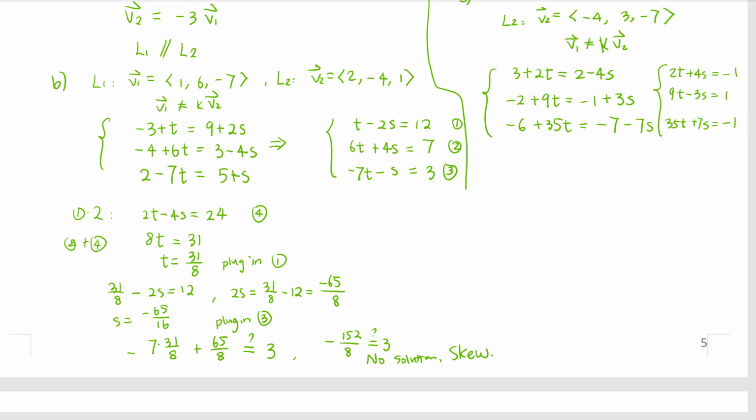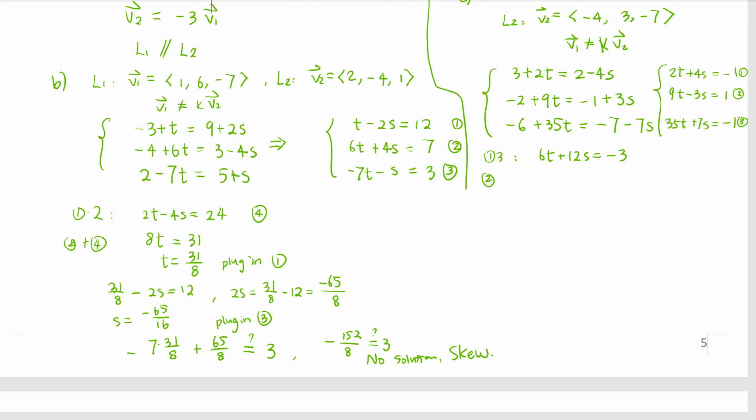Okay. What do we do? Well, the coefficients on s are easier. We call these equation 1, equation 2, equation 3. Let's use equation 1 and equation 2 to solve for s and t. Equation 1 we multiply by 3, because the least common multiple is 12 for the coefficient of s. So we have 6t plus 12s equals minus 3.